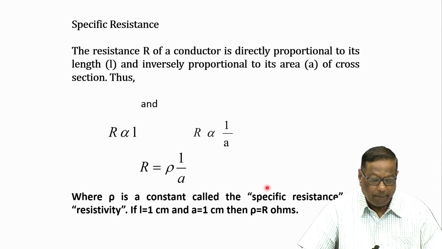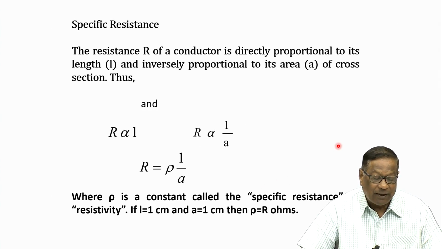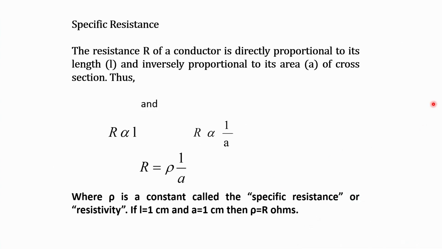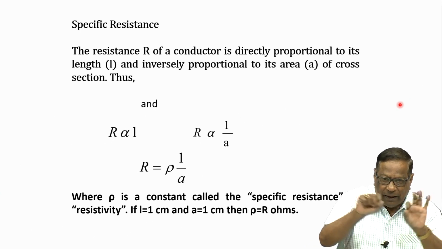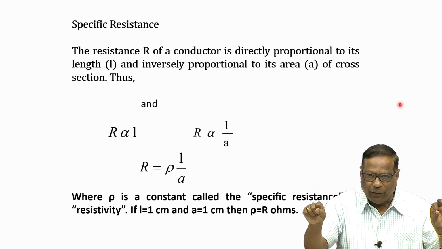Okay. If there is resistance, then we can also define what is called specific resistance. The resistance R of a conductor is directly proportional to its length and inversely proportional to its area of cross section. What we are talking about here is a wire, which is essentially a conductor of electrons.